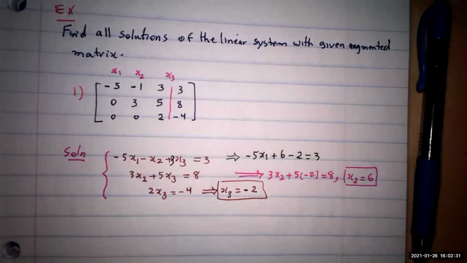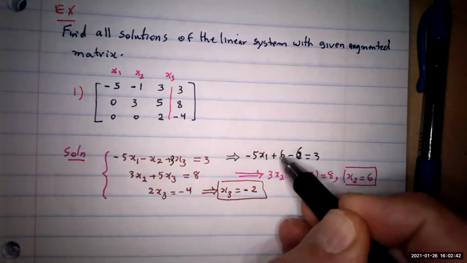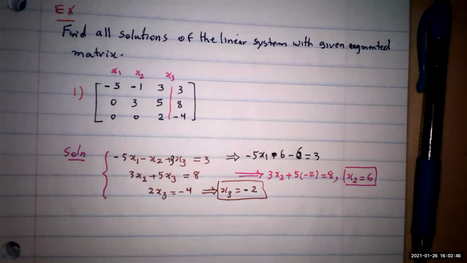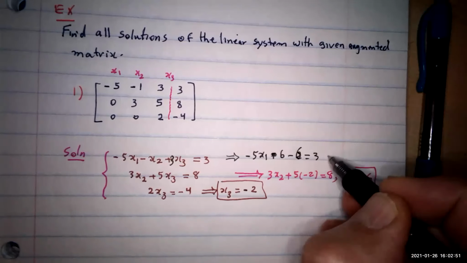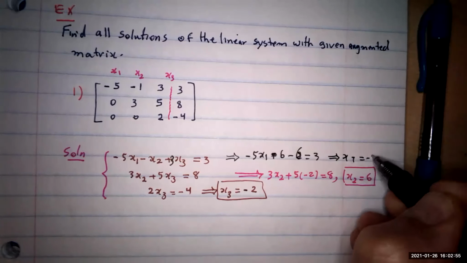That's 3x3, which makes this one into -6. So that's -6 and this is -6, so it's going to be 15. So x1 would be equal to -3.